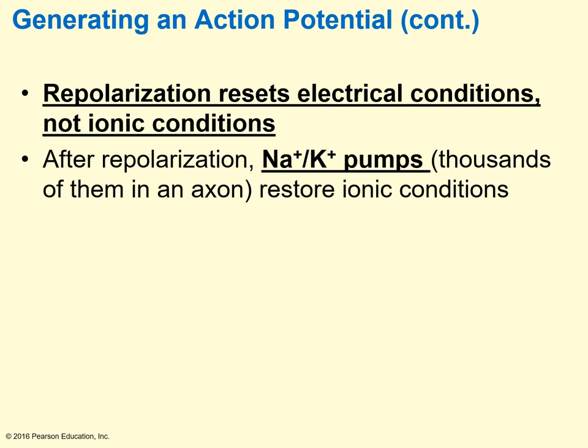So as I said, that repolarization is trying to restore the electrical conditions, but it does not restore the ionic conditions. So it's trying to get the charge more negative, but we need the sodium-potassium pump to restore the proper conditions. You don't want equilibrium of the sodium and potassium, but you want to restore the conditions so that sodium is higher outside the cell and potassium is higher inside the cell.